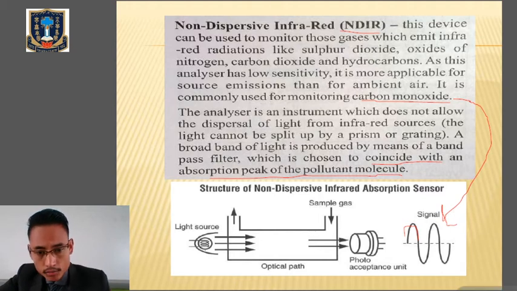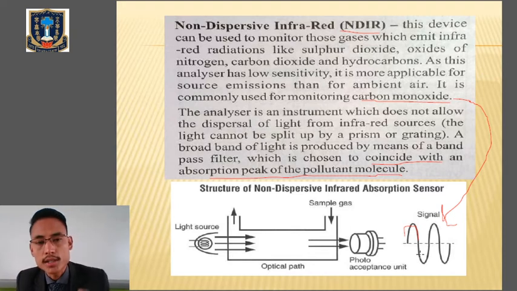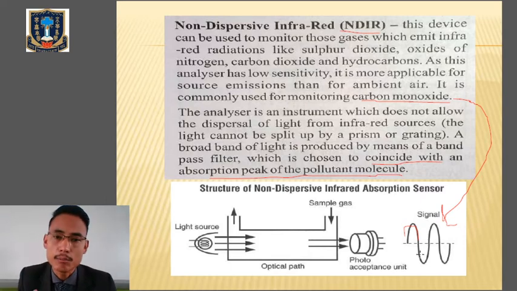Now the gases that are passed through the analyzer of the NDIR also have the same absorption peak. Then we can say that carbon monoxide is present in the ambient air sample or the point source sample. In this way we can analyze the presence of sulfur dioxide and carbon monoxide in the collected air sample.